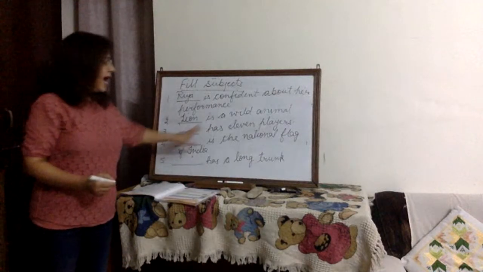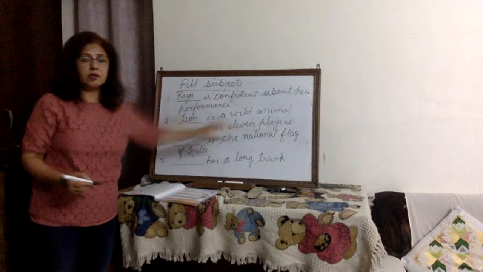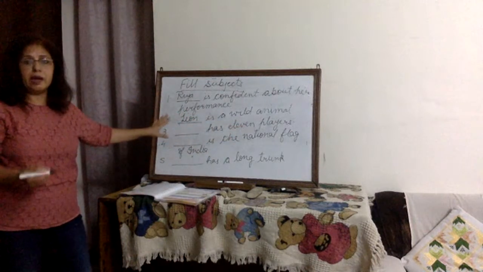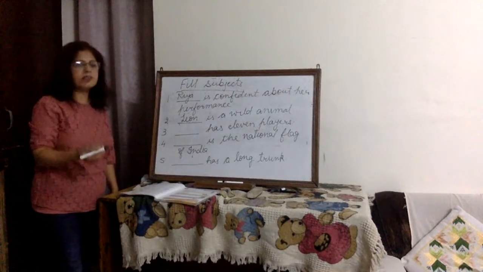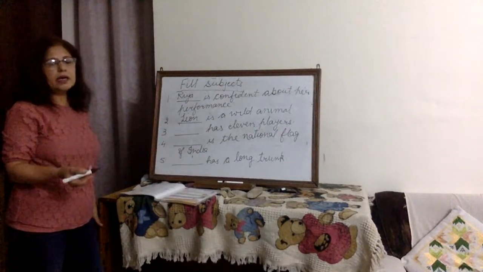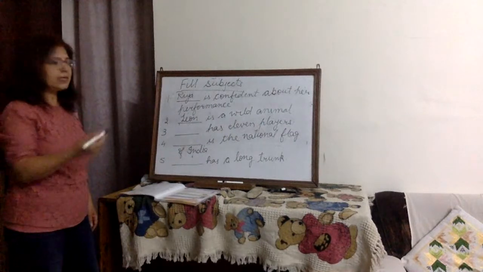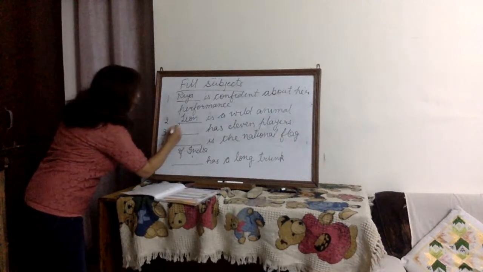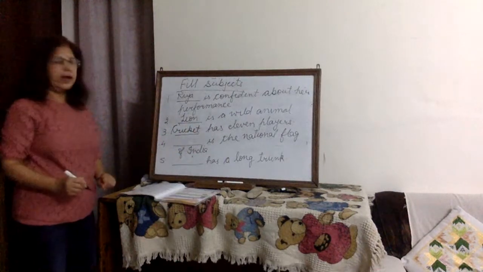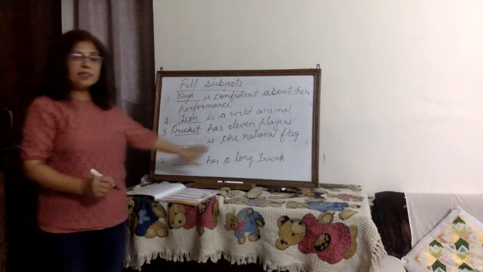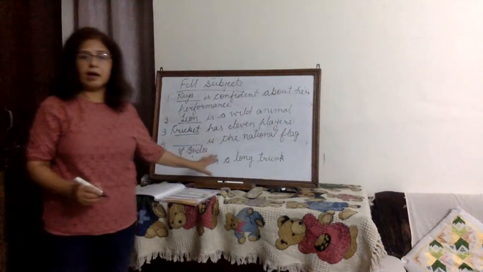Next is dash has 11 players. So it is the name of any sport, any game. So you can write here cricket has 11 players. You can write the name of any other sport also which has 11 players. So I write here cricket has 11 players. Next is dash is the national flag of India.